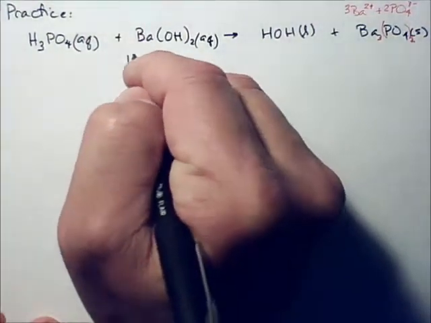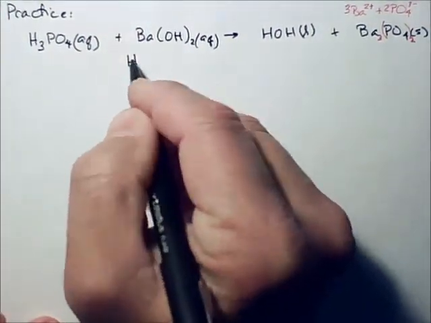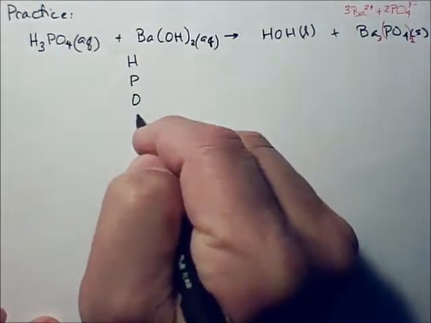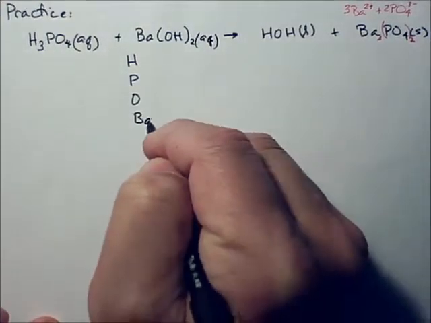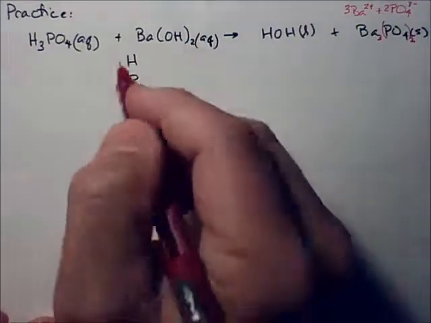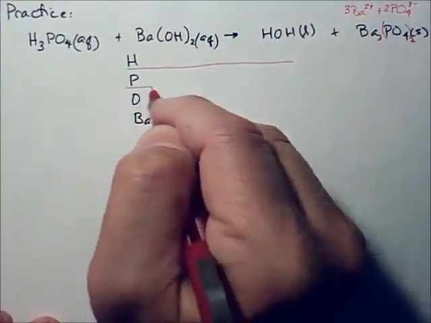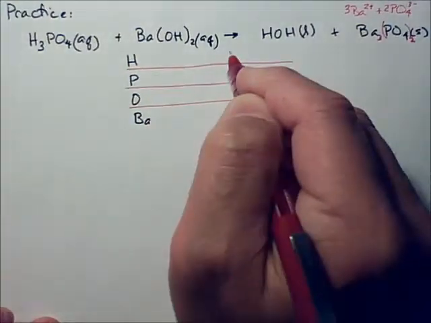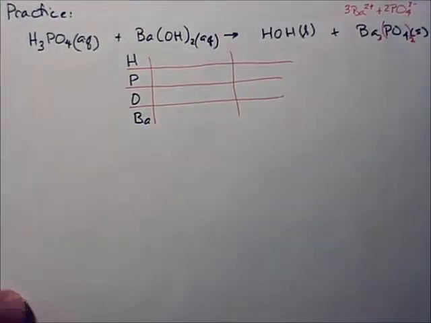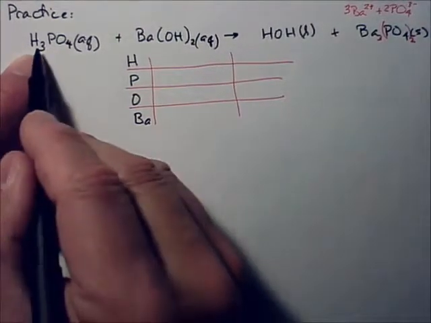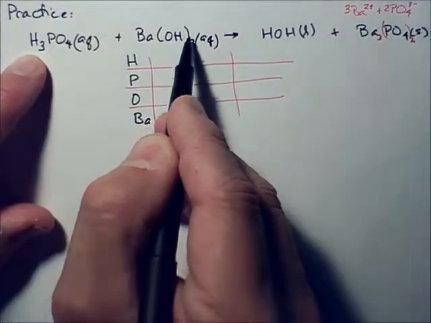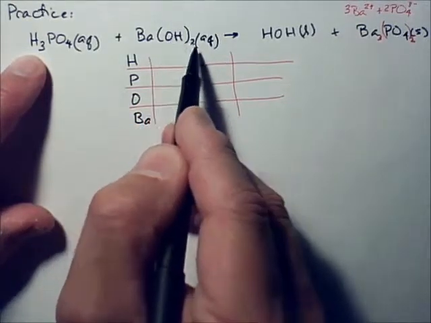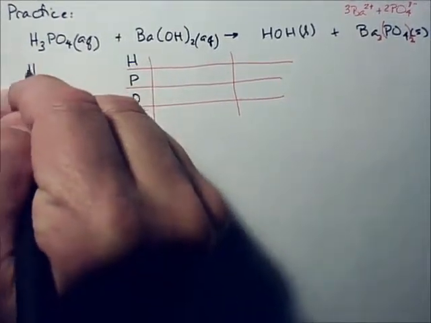So we're going to list all of our elements. We've got H, hydrogen, and phosphorus, oxygen and barium. Do our atom inventory grid. So I have 5 hydrogens here, and 2 outside the parentheses means I have 2 of everything inside, so I have 2 hydrogens.